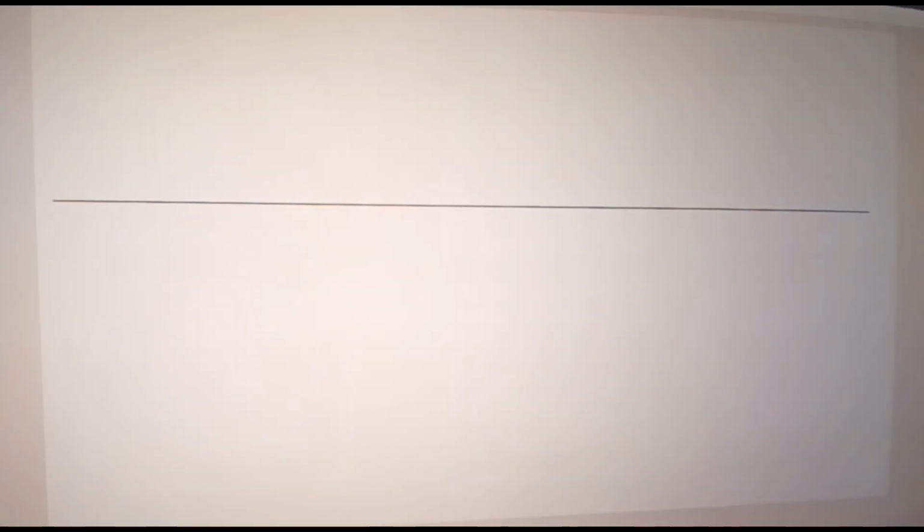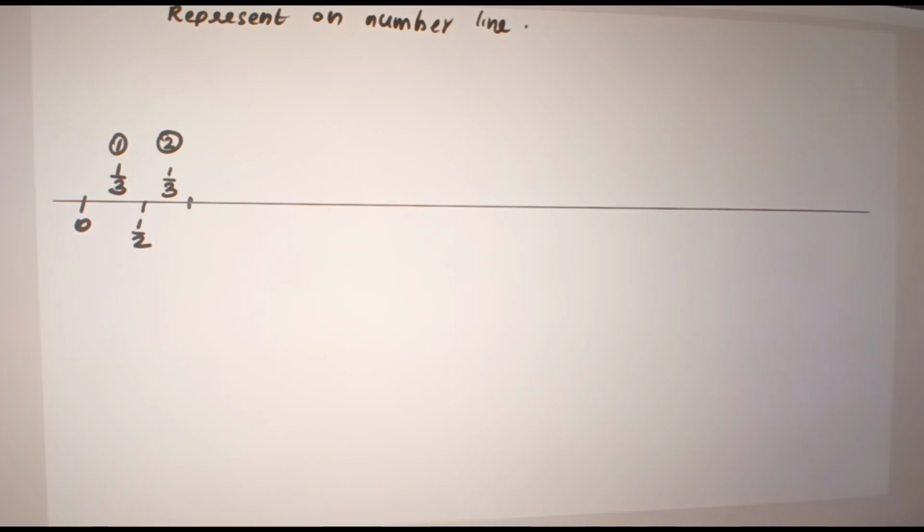So now we can see how to represent this on a number line. This is 0. If you add 1/3, you will get 1/3. If you add another 1/3, now we have two 1/3s, that is 2 over 3. If you add another 1/3, now we have three 1/3s, so 3 over 3.